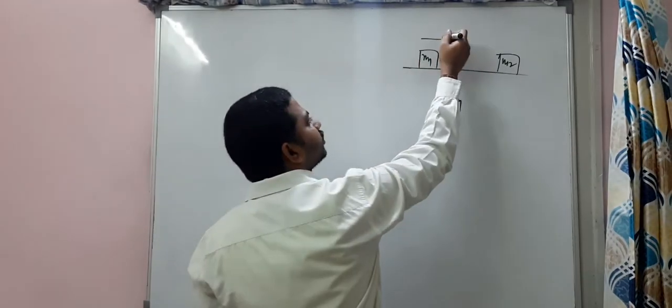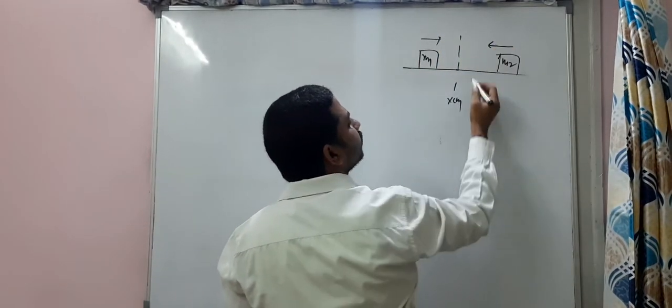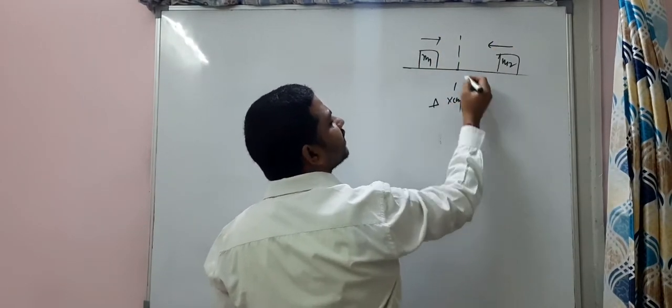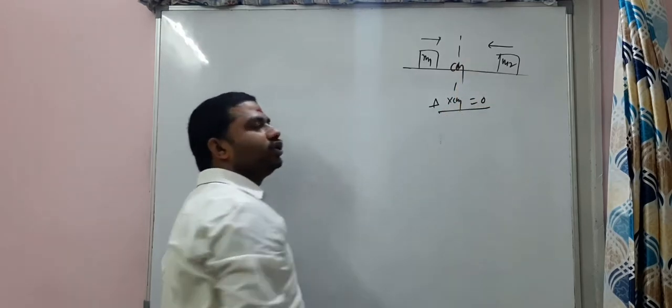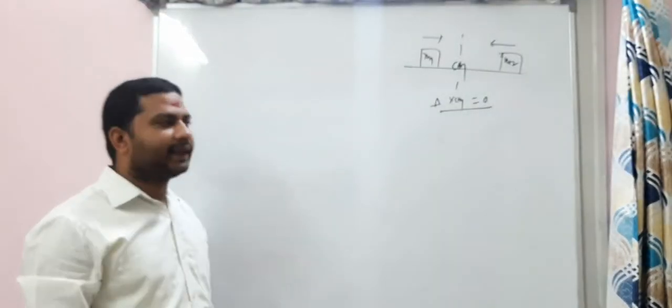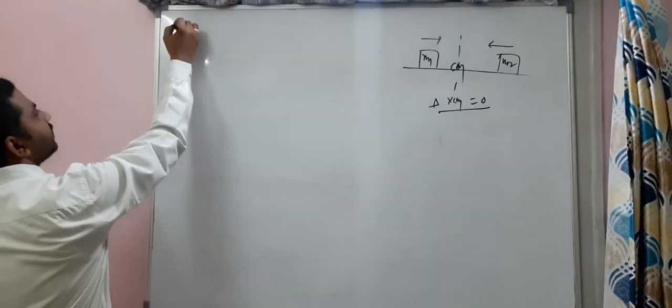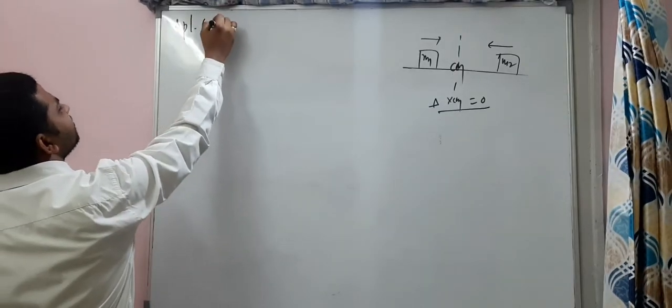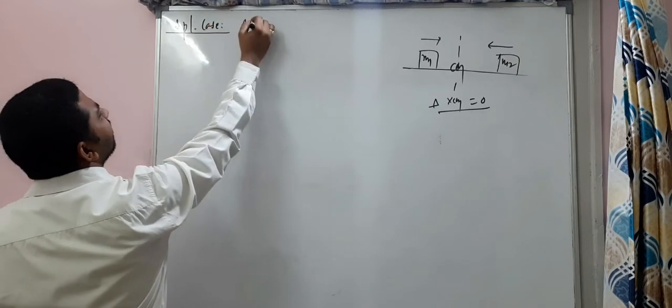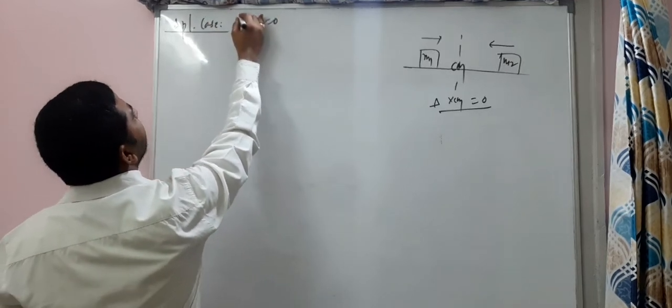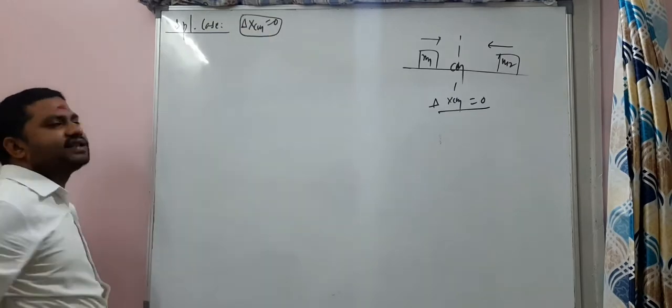How much does this have to be moved so that the change in center of mass position is 0? You remember this? Now, as a special case, we'll discuss the shift in the center of mass where there is no change in the shift in the center of mass.